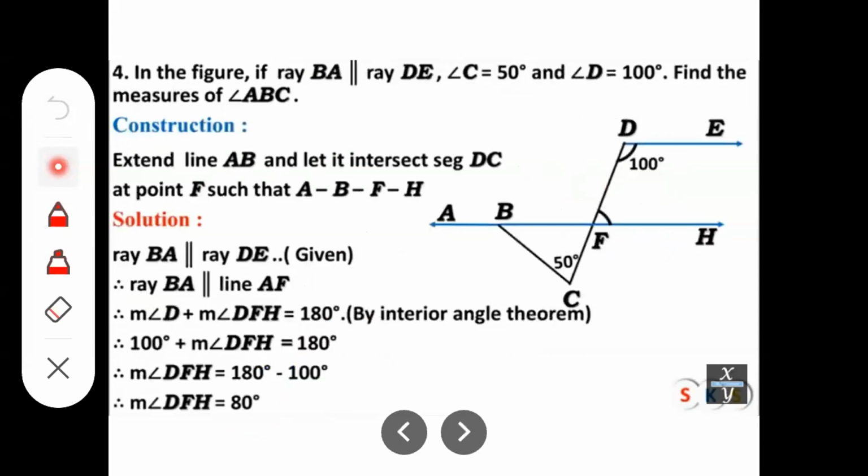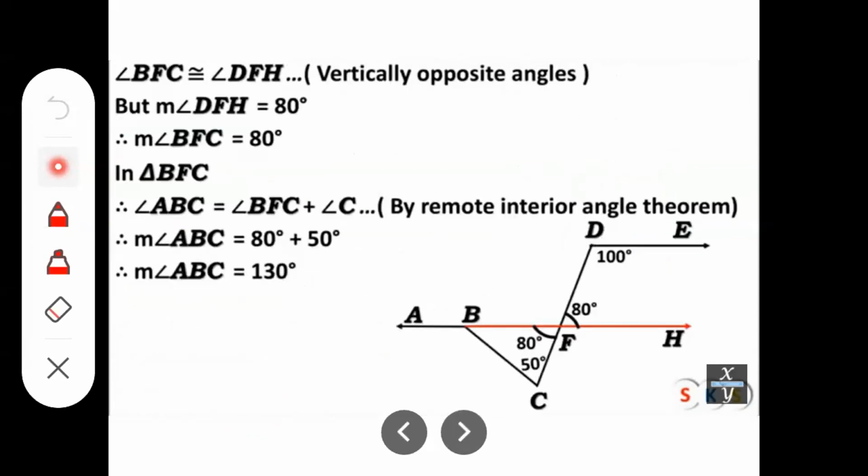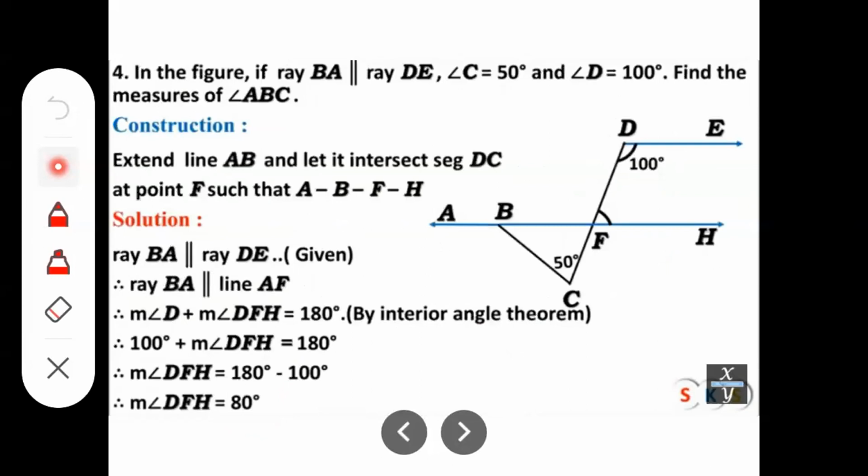Now example number 4. Here also, ray BA is parallel to ray DE. So where is BA? That is BA. The complete line you can also consider here.